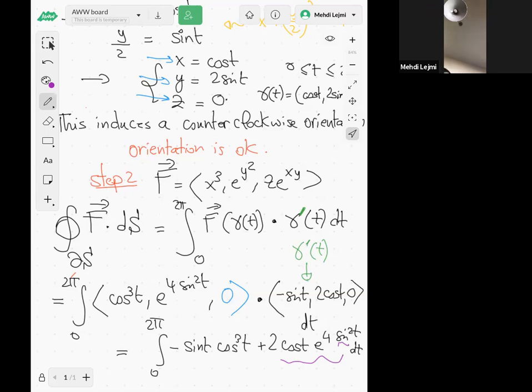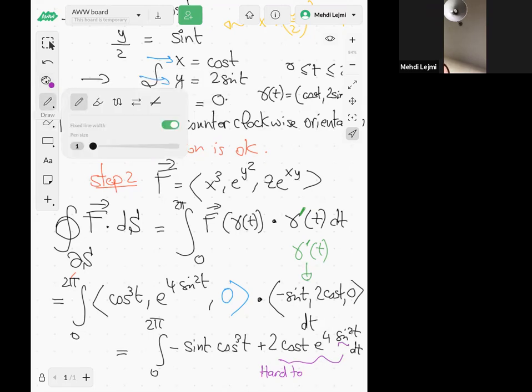The first part, sine times cosine cubed, is okay, but this one is kind of hard to integrate. It's going to take at least 3-4 substitutions.